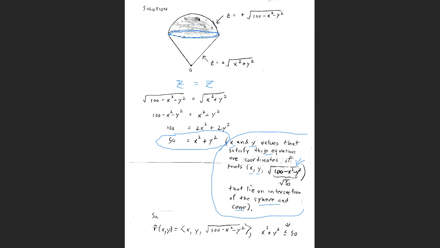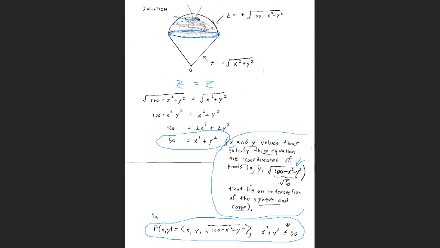Excellent. Well, then, the vector function of parameters x and y that's going to give this shaded parametric surface of interest is given here.